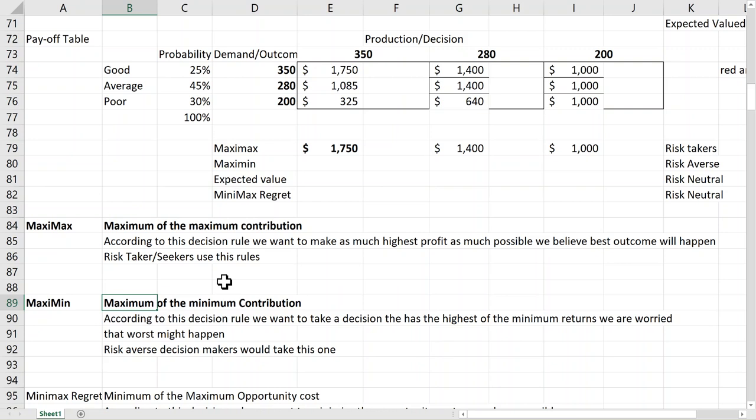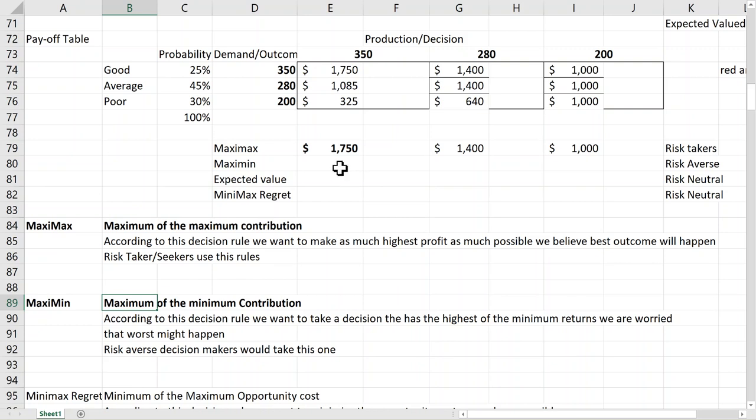So if worst outcome happens, which outcome has the highest of the worst? So even if the worst outcome happens, in which decision will we be in a good place? And it is taken by risk-averse decision makers. Risk-averse decision makers are those decision makers who expect that worst scenario will happen.